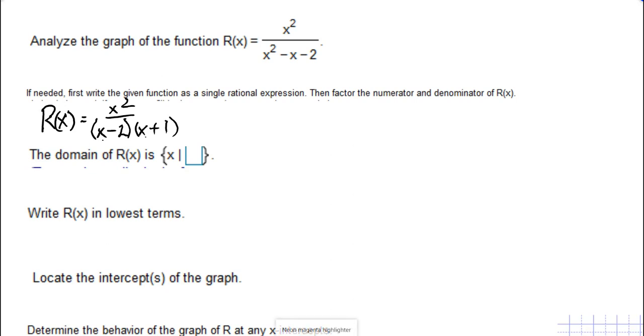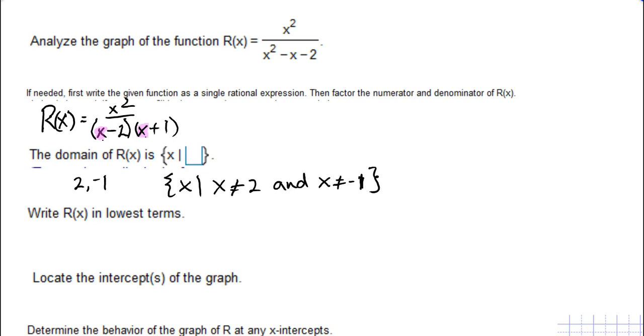So this is going to help us find out that the value of 2 and the value of negative 1 need to be excluded from the domain because they're going to cause a 0 in the denominator, and division by 0 is undefined. So our domain is x such that x is not 2 and x is not negative 1.